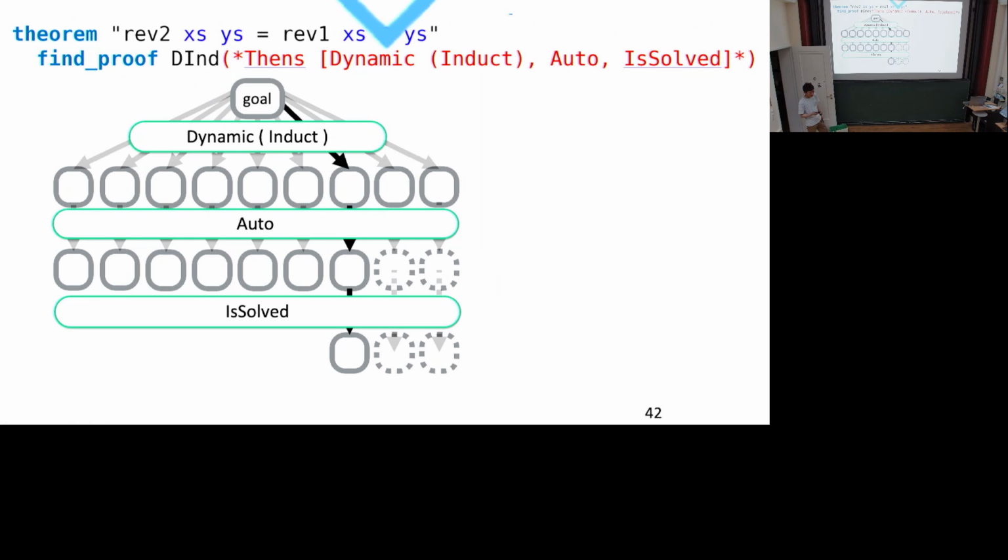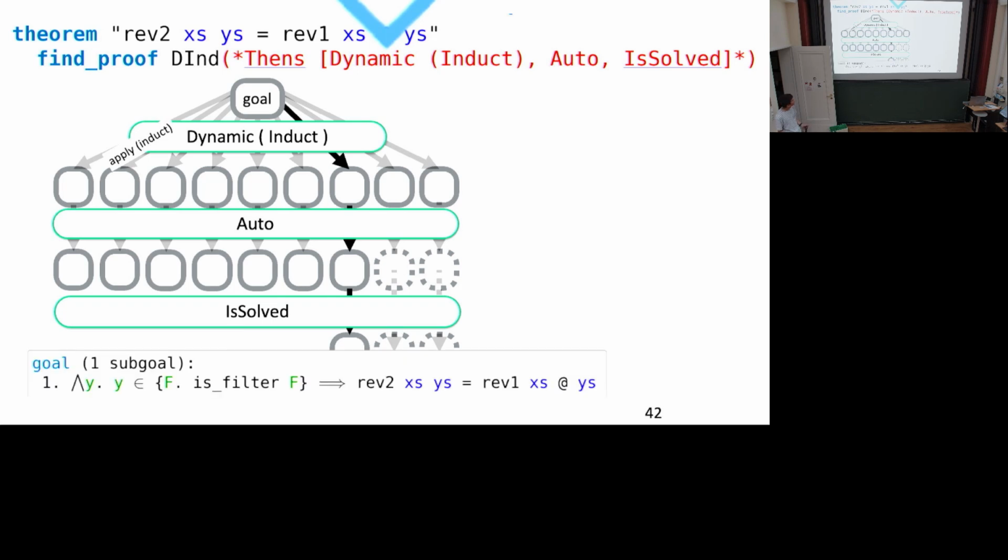Basically, it constructs a proof tree implicitly. First, dynamic induct produces lots of candidate inductions. Maybe the first candidate is just induction, which leads to this proof obligation, the original goal with some strange assumption.